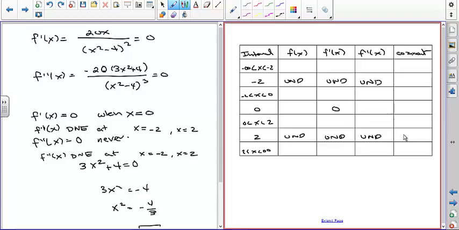We also know there's a vertical asymptote, because vertical asymptotes are where the denominator is equal to 0 in the original function. That's why it's undefined. So that's what we know so far. And we need to evaluate the function at 0. So let's see what we get. We're going to do f of 0.